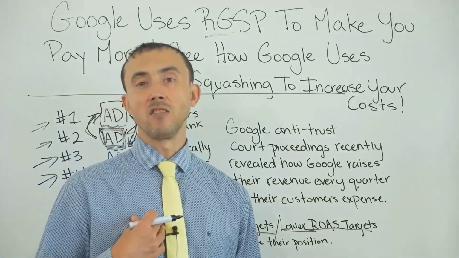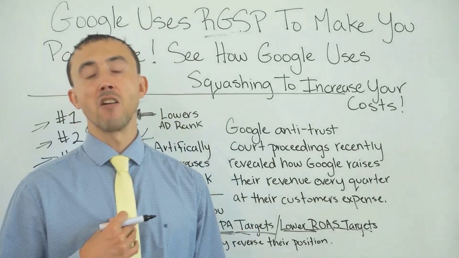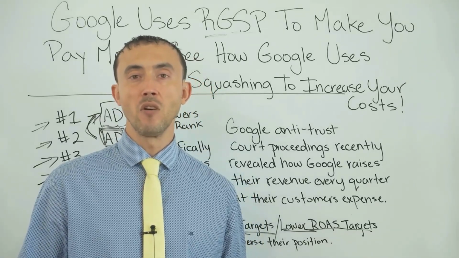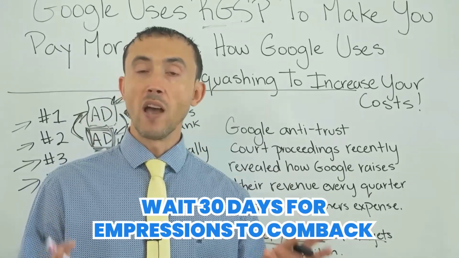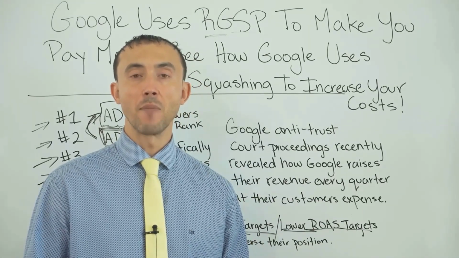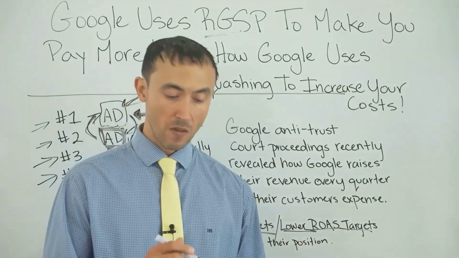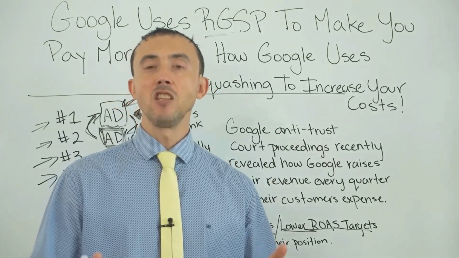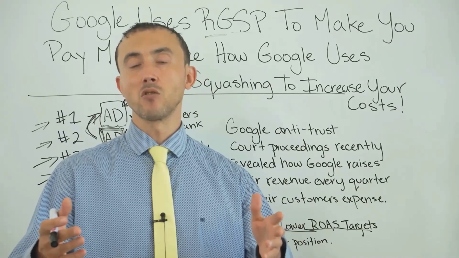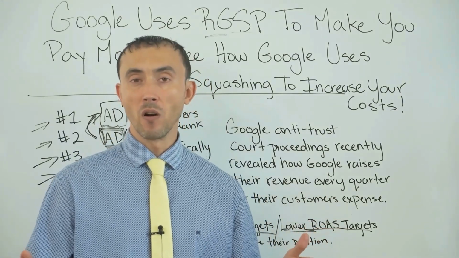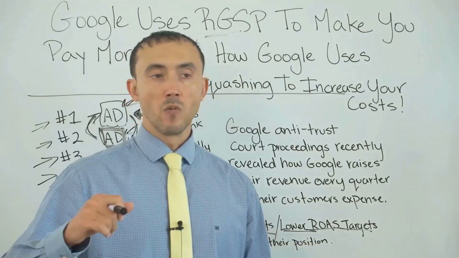My opinion is when your impressions go down and you haven't made any changes in your account, there's no other good reason for the impressions going down. You wait 30 days for the impressions to come back when this happens. And if this happens to you and you need that volume, you're basically screwed. Google knows that you need the customers and you're willing to pay more for the customers, and they pegged you.